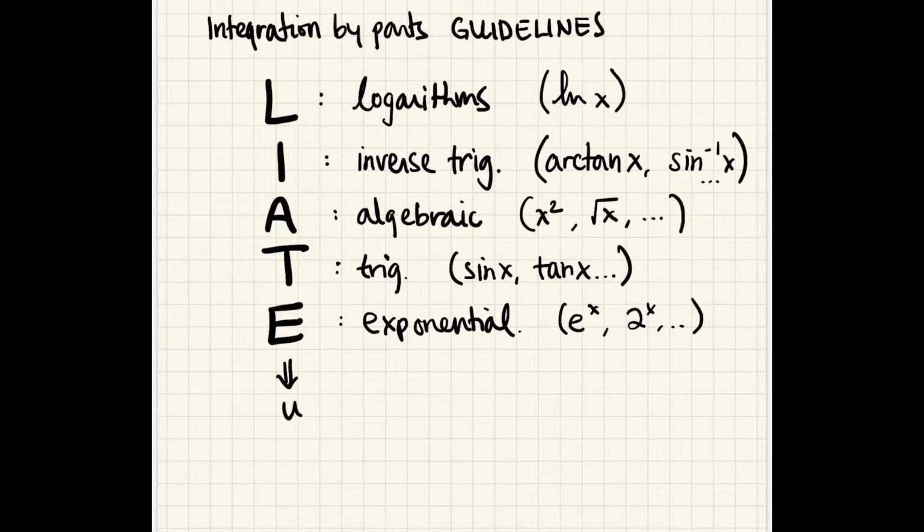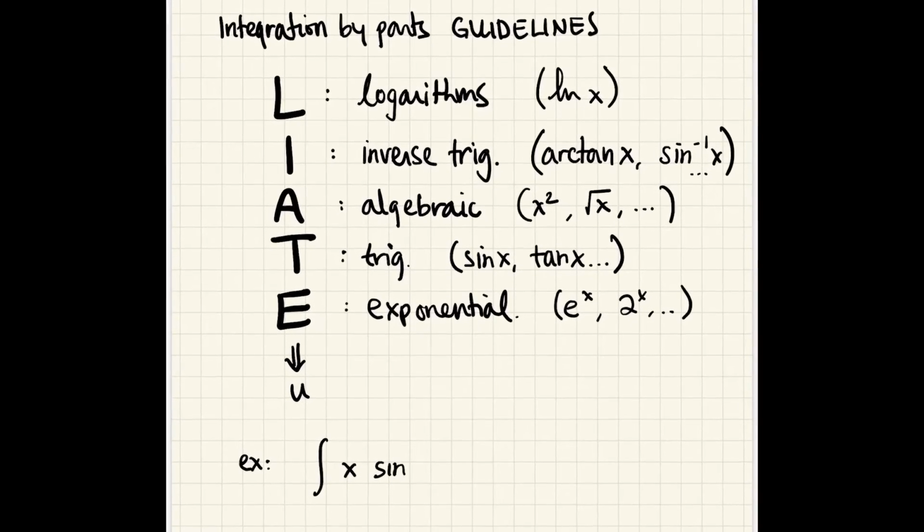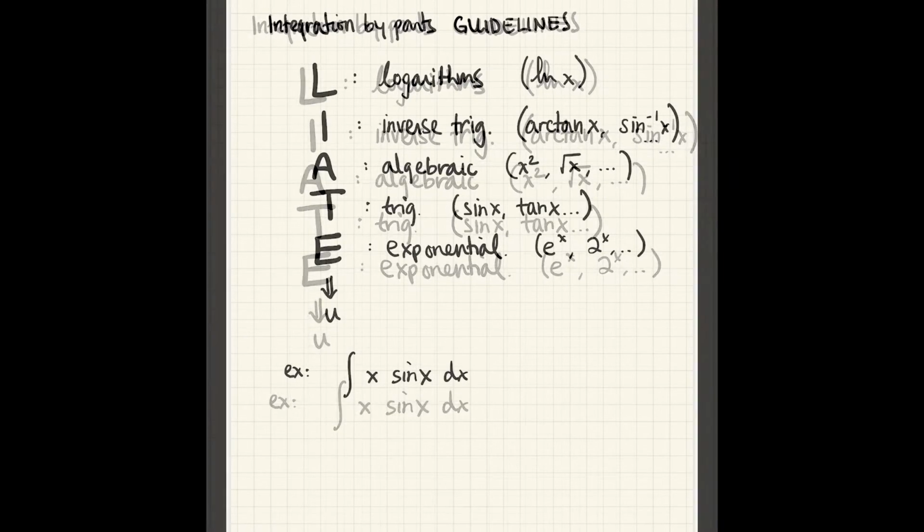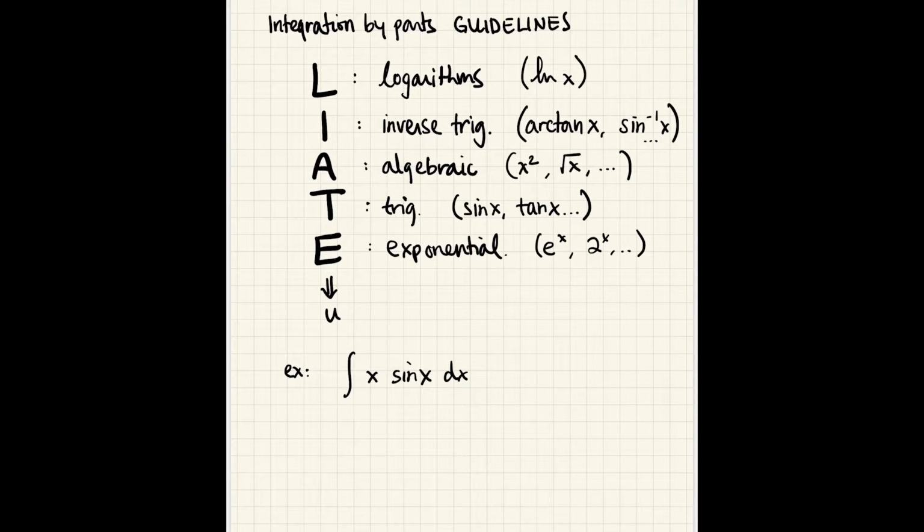So for example, with x sine of x, we would look through this and go, okay, LIATE. So L, are there any logarithms? No. Is there any inverse trig? No. Is there anything algebraic? Yes, the x is algebraic, so u will be x. And the rest just falls out naturally. You're off and running. And there it is. These guidelines are pretty good.